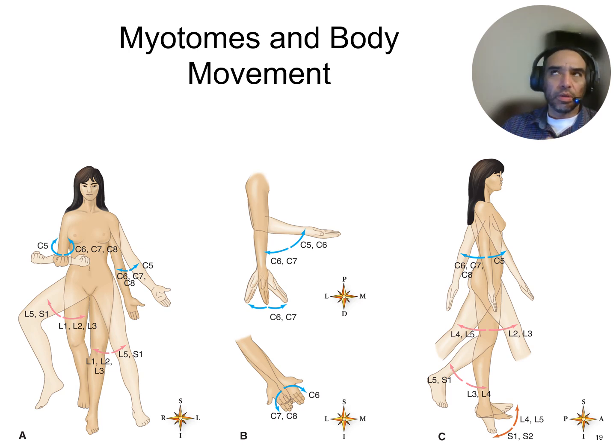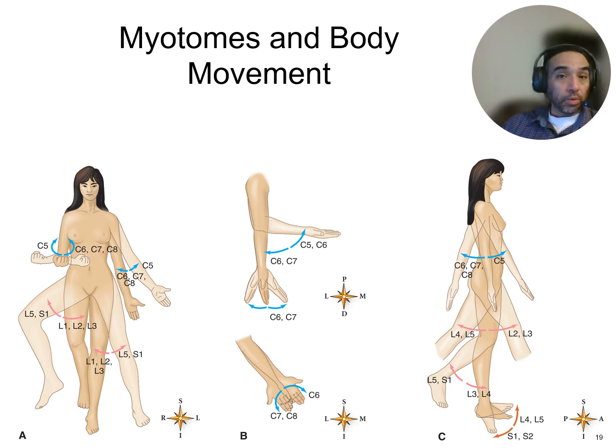So you see how we can start pinpointing or getting more focused on which nerve innervates what, and by looking at the myotomes, it helps us isolate where to pinpoint the diagnosis.